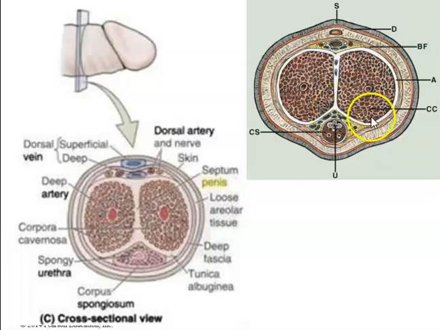Again, the tunica albuginea surrounding the corpora cavernosa, and then the Buck's fascia, which is the fascia that surrounds all three, the corpora cavernosa as well as the corpus spongiosum. And then the smooth muscle layer, the discontinuous smooth muscle layer being the dartos layer.